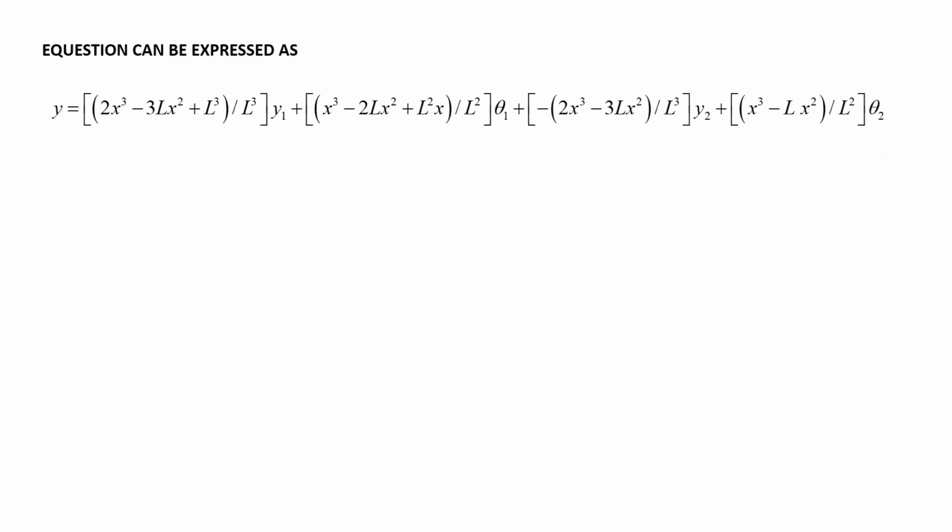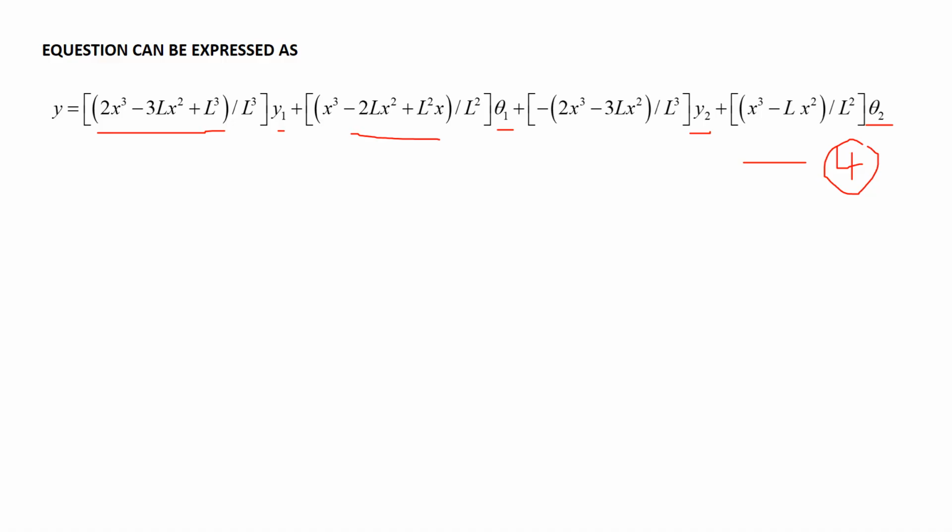Now we will get the equation, equation 4, after finding the a1, a2, a3, a4 values. It has some terms in terms of parameter y1, and some in terms of theta 1, y2, theta 2.